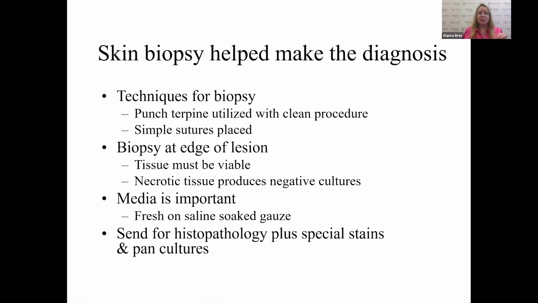And the media is important, so you don't want to put this into H&E if you're going to be sending it for cultures. So again, sometimes you can bisect your lesion and send part for H&E, but you do want to use media. And you can just put that on fresh saline soaked gauze if you don't have the appropriate media. And then again, send that for histopathology with special stains and cultures, which can be done by our friends at Sage's Diagnostics.